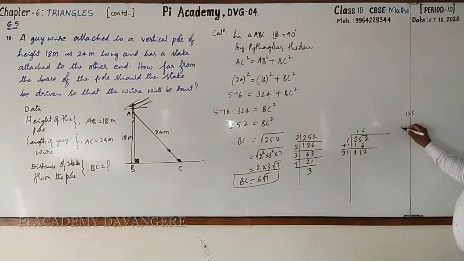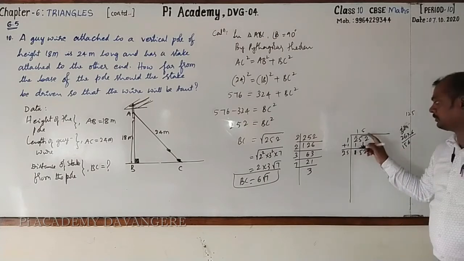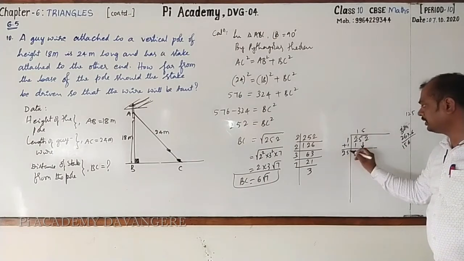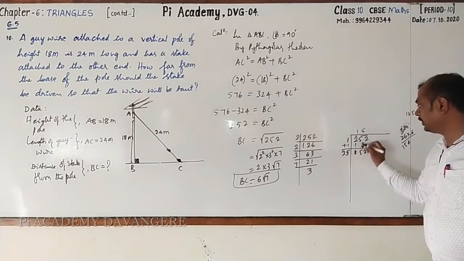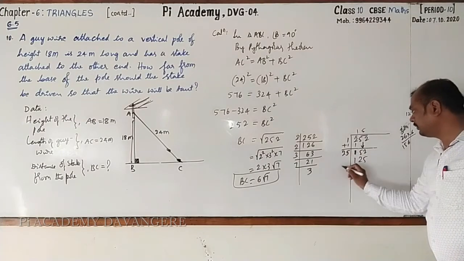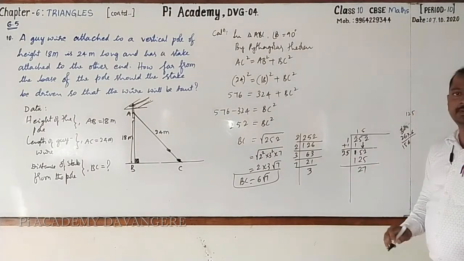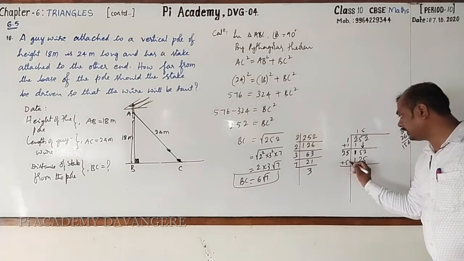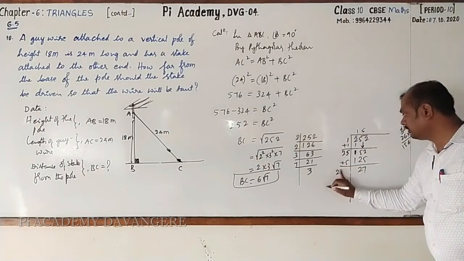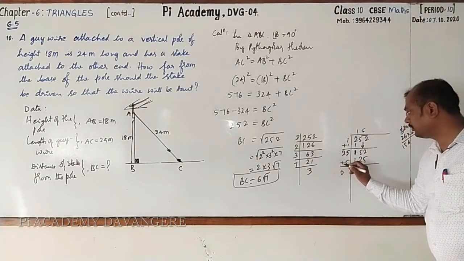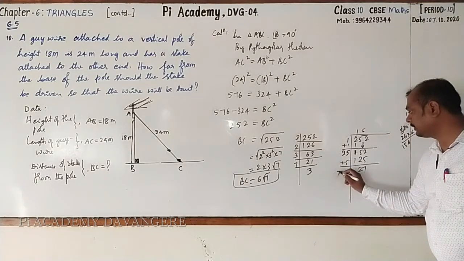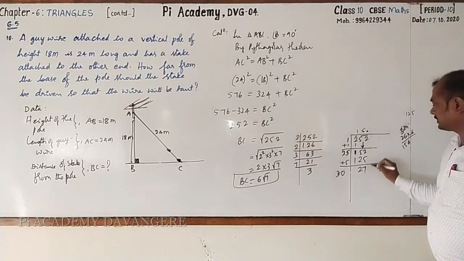But 26 6s are 36... 156 won't come. 5 and 5 only is correct. 25 5s are 125. 27 will remain. Here 5 is there, add 5. It is 10, carry. It is 30.